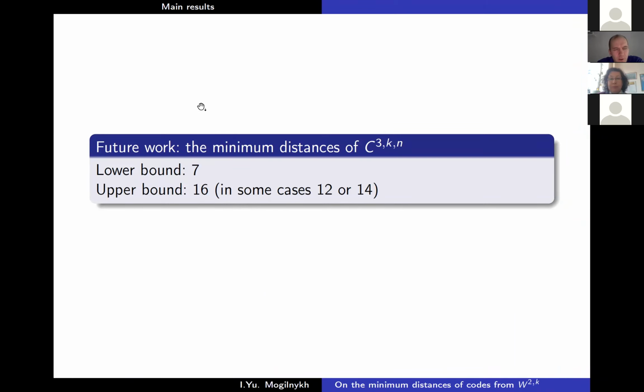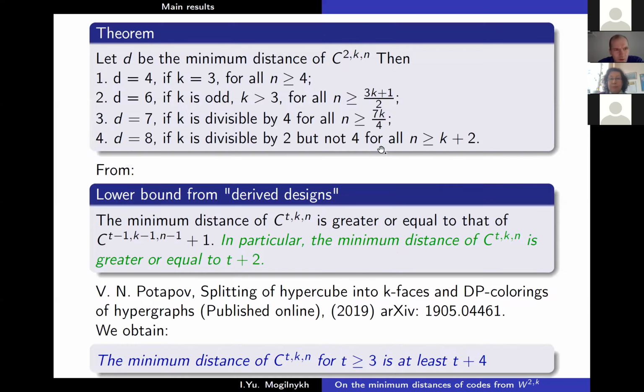So far we believe that the minimum distances are not so small as 7, 8, 10. We believe that the actual minimum distances are closer to the upper bounds. And also the study of the codes for t equal to 2 shows that the minimum distances are pretty much close to the upper bound, which is 8.